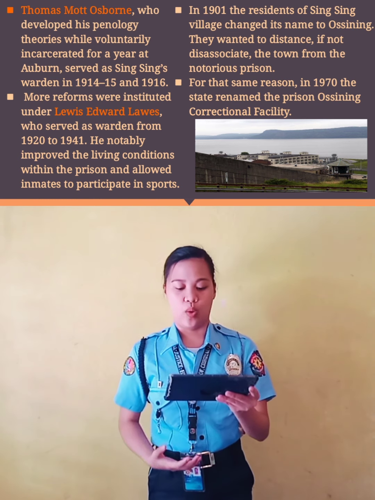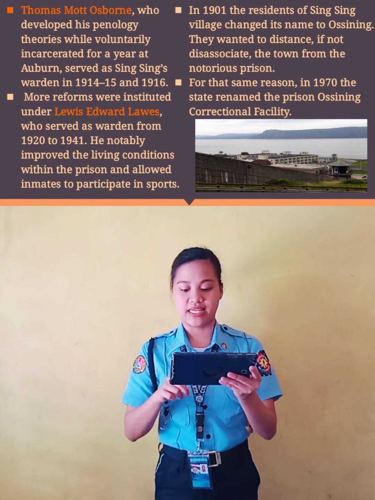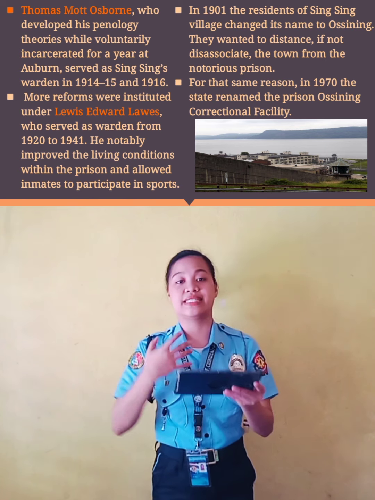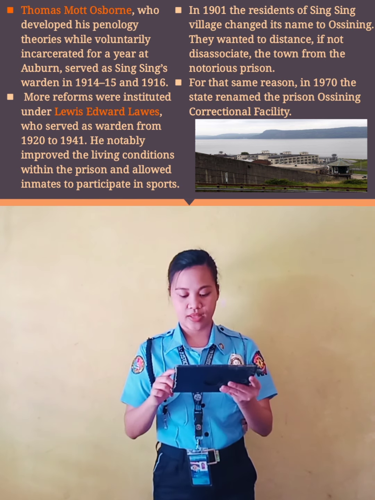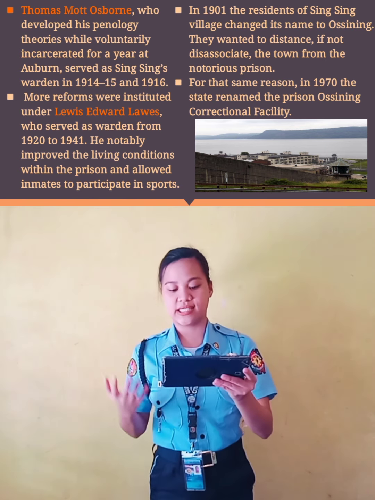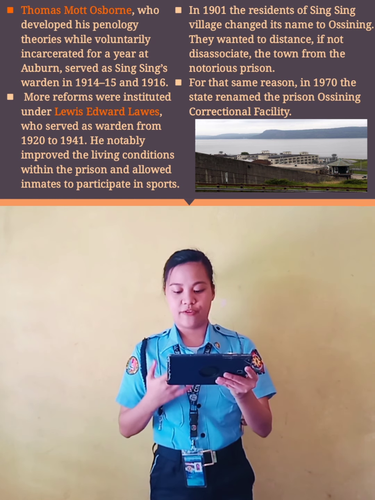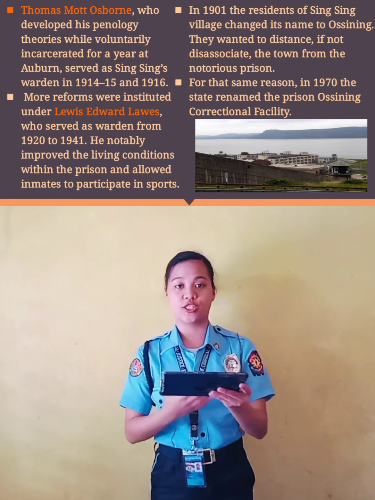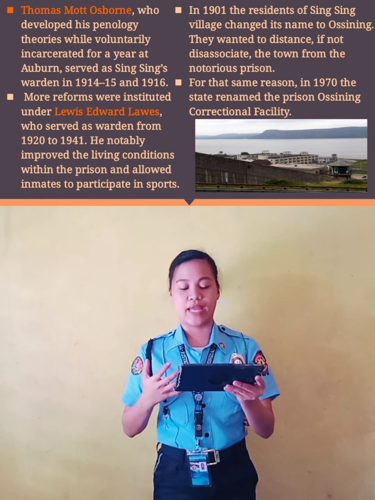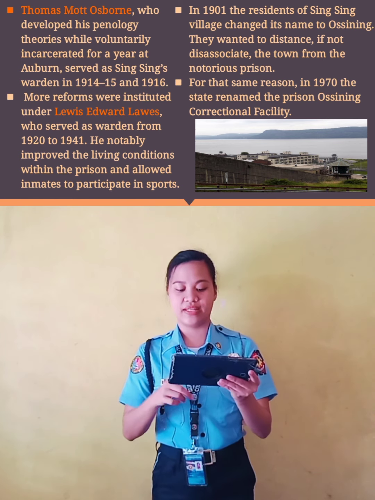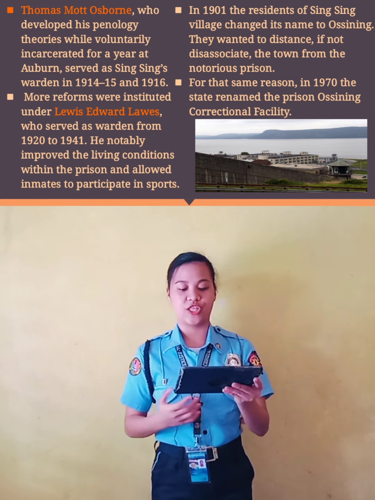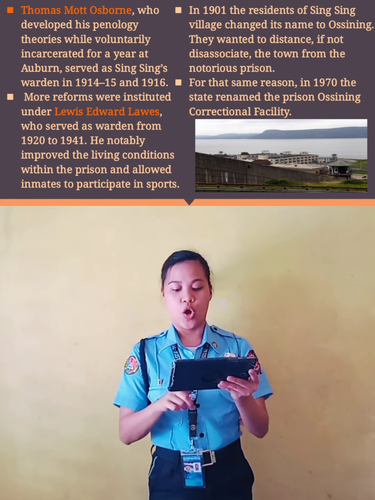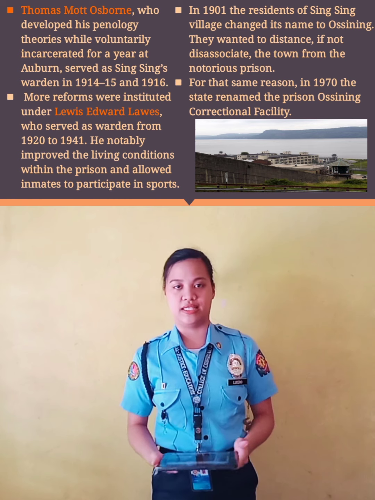In 1901, the residents of Sing Sing village changed its name to Ossining. They wanted to distance, if not dissociate, the town from the notorious prison. For that same reason, in 1970, the state renamed the prison Ossining Correctional Facility.